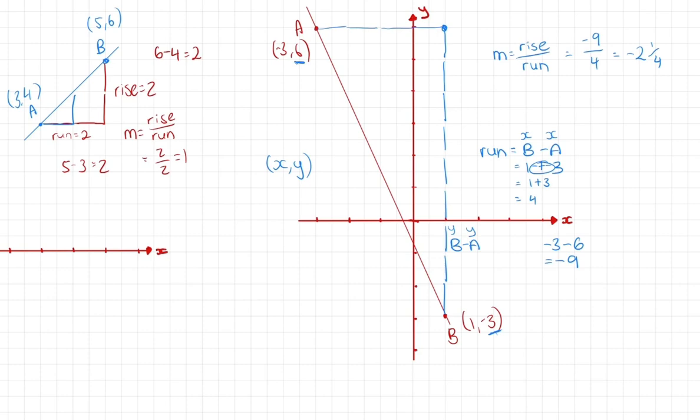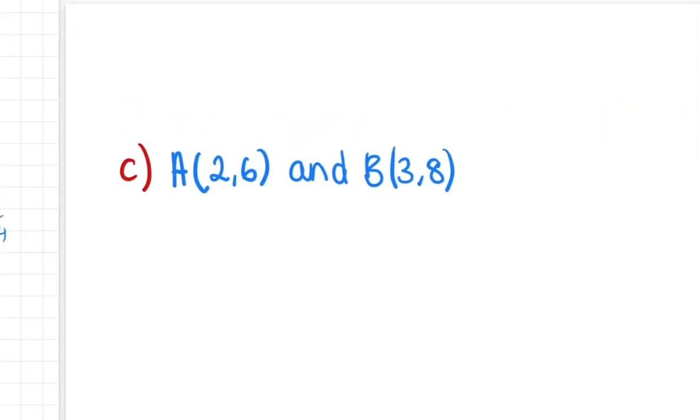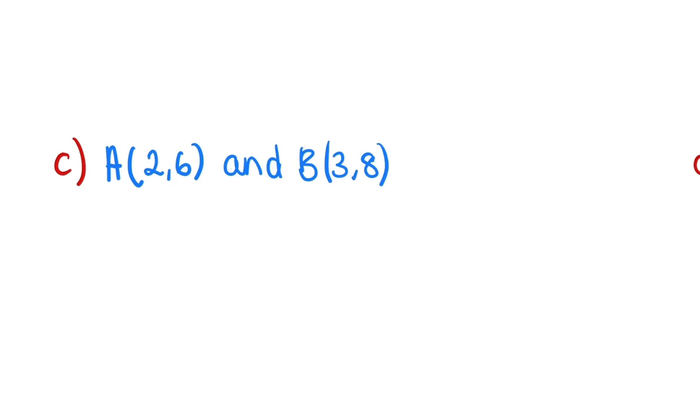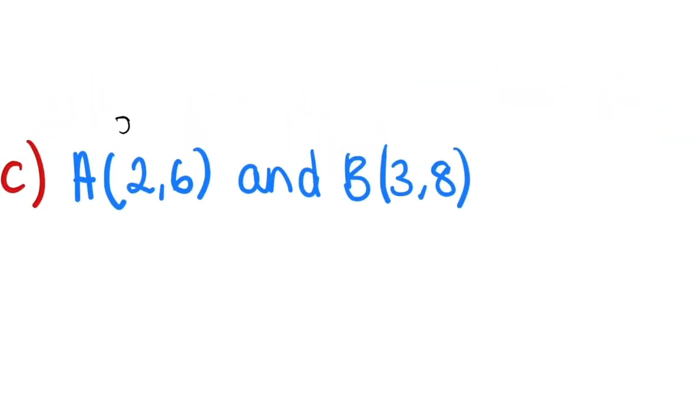So they match up. So let's go on to another example, and this one we're going to do without a graph to help us. So what I'm going to do right now is label this X1, and this one's going to be X2, or you could label it XA and XB.